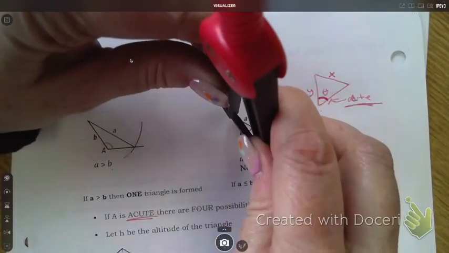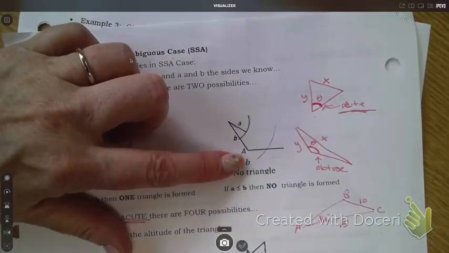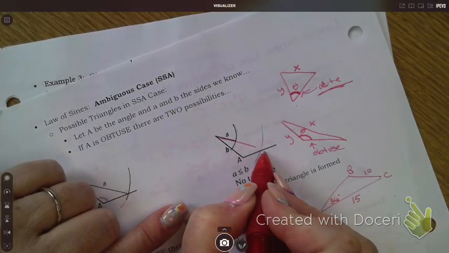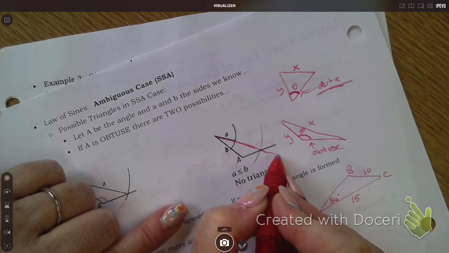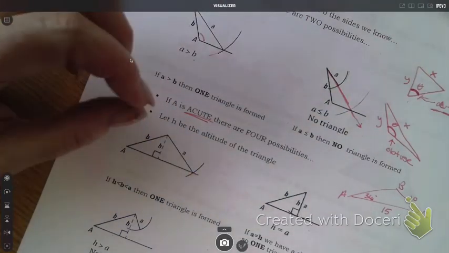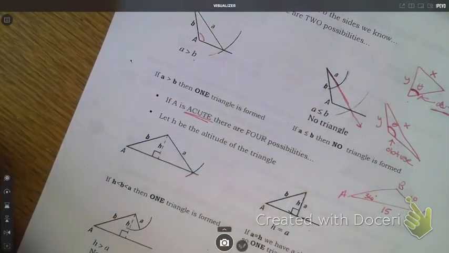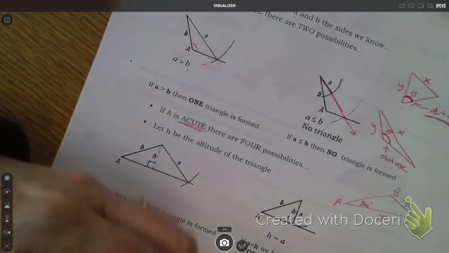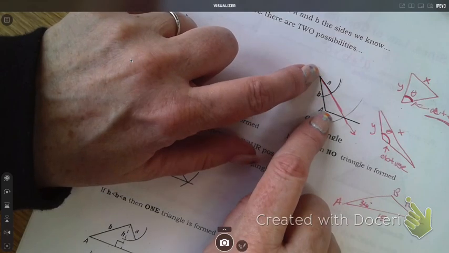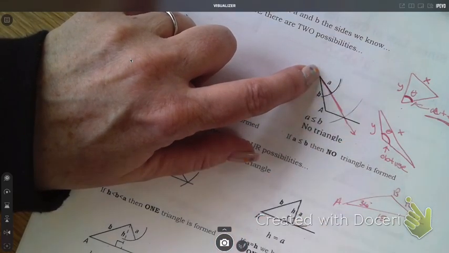If my side intersects my other leg, I have a triangle to that point. When you did constructions of triangles in geometry? Okay, well, that's how you construct a triangle. You have an angle, you construct this angle, and you'll have this side length, and then from that side length you have to make an arc.